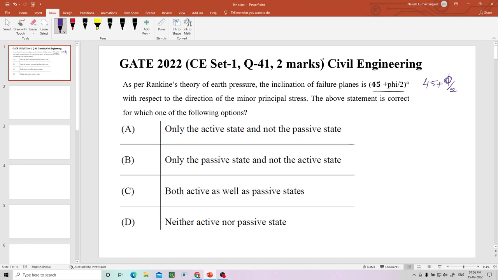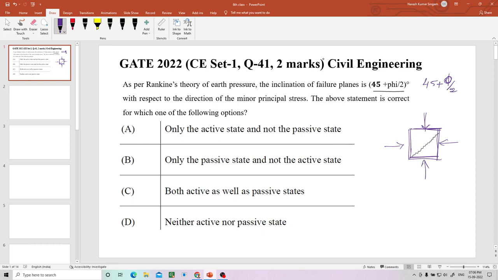As per Rankine's theory of earth pressure, the inclination of failure plane. Suppose there is a failure plane, so take any soil sample. Suppose I am taking a soil sample like this. When you are applying pressure, what happens? It fails along one plane.